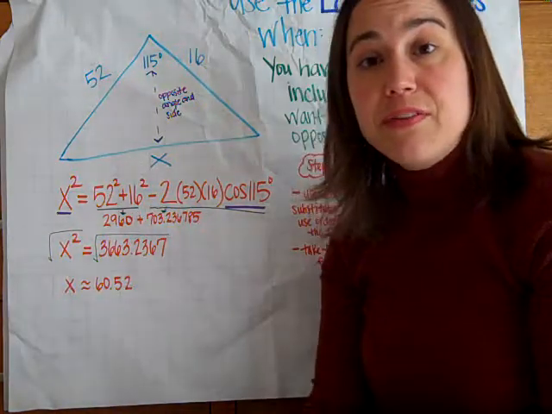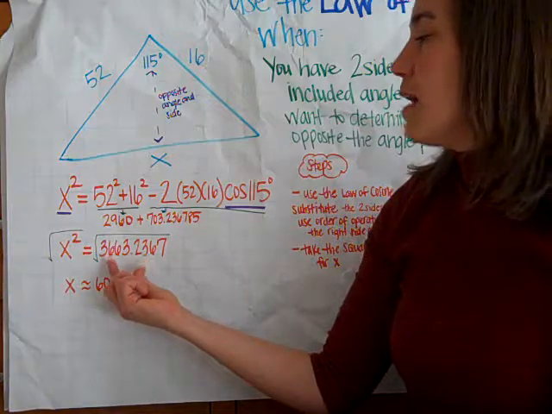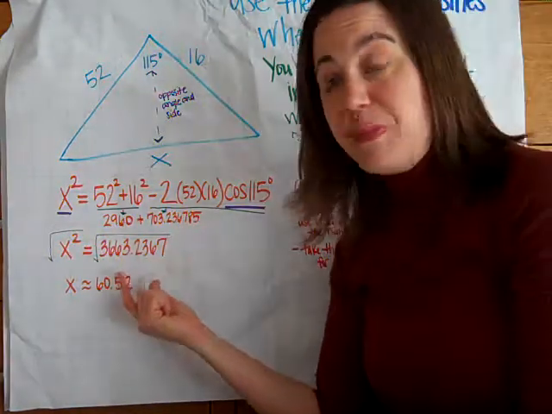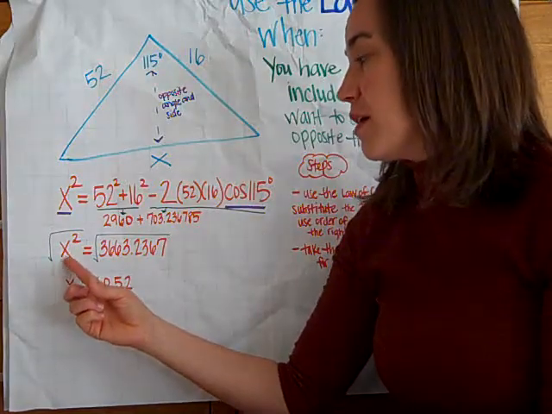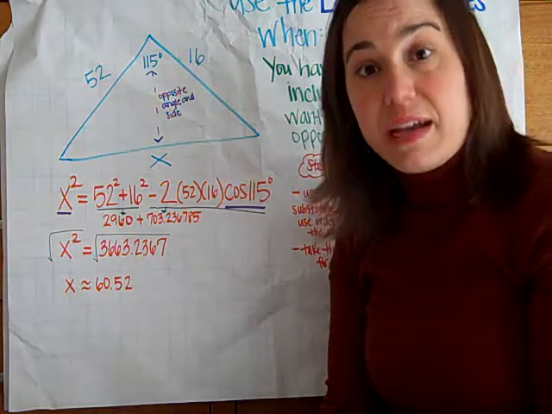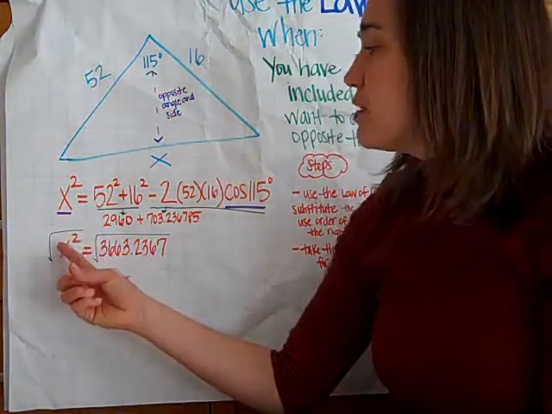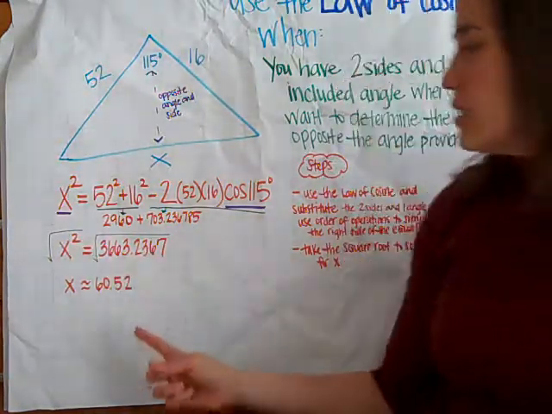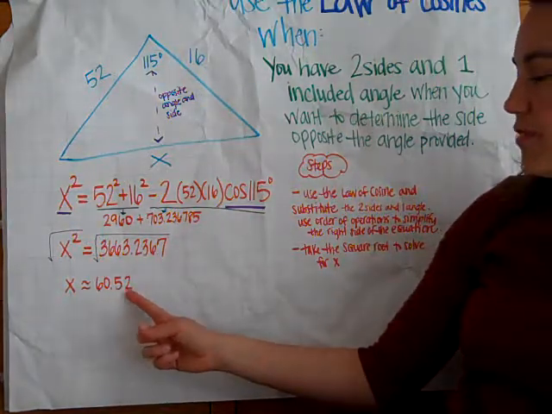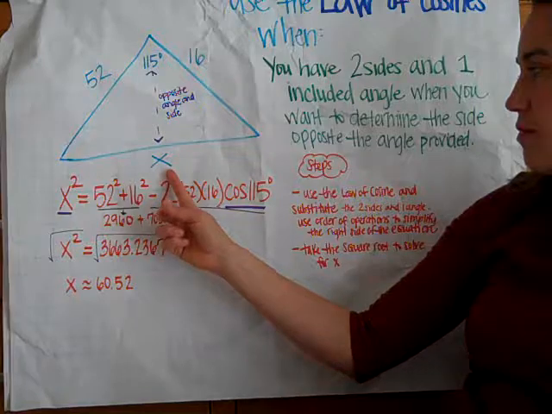Then I would add those two quantities together to get approximately 3,663.2367, which would equal x squared. Now, in order to find x, I would have to do the inverse of squaring, and take the square root of both sides, resulting in an answer of approximately 60.52 for the side length here.